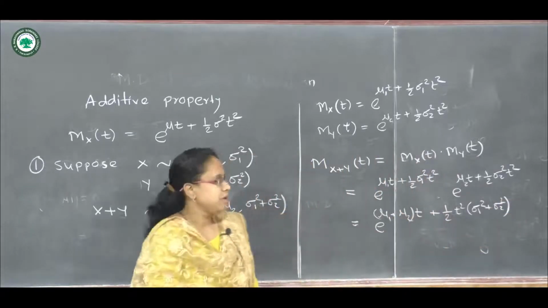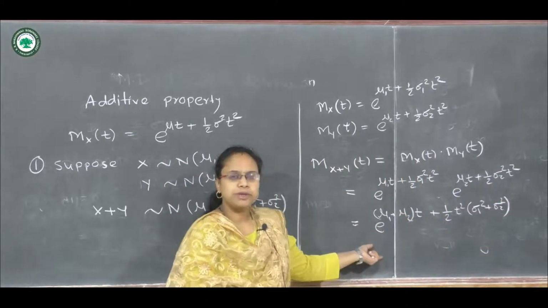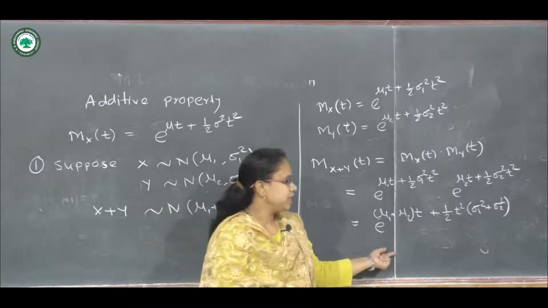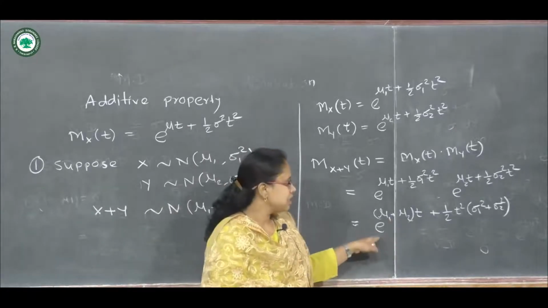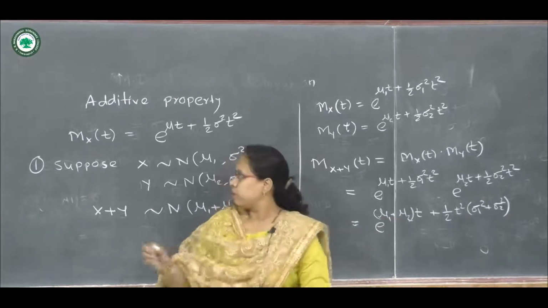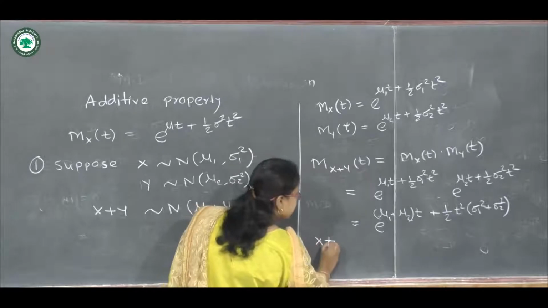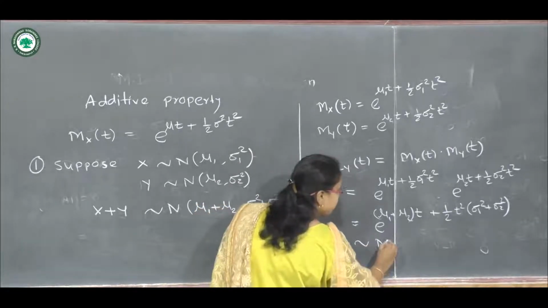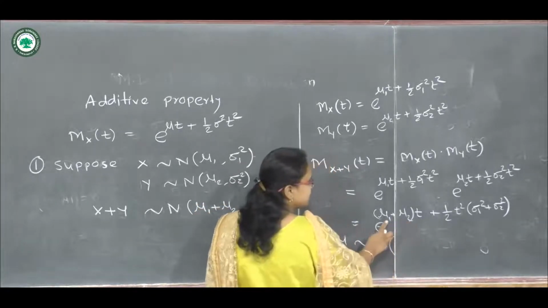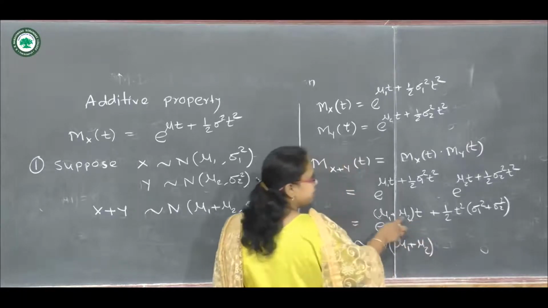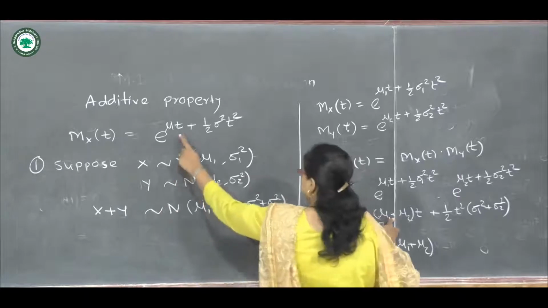So here we will use the next property of MGF, which is uniqueness property. From that property we can see that this is the MGF for normal distribution, and we can write down x plus y follows normal distribution with the first parameter mu1 plus mu2, which is coefficient of t here.